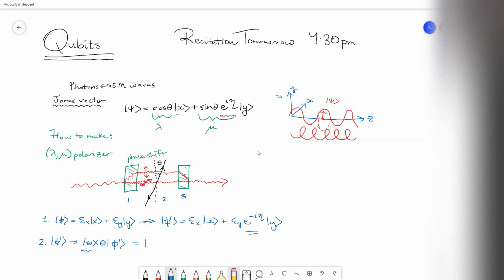And that just gives us the linear polarization of the theta direction. It's theta multiplied by the inner product, which is E_X cosine theta, that's the component along X, plus E_Y sine theta, e to the minus i eta, like that. So that's what you get after step 2.